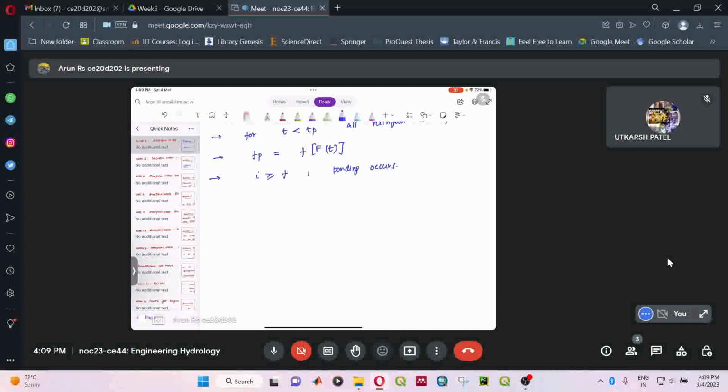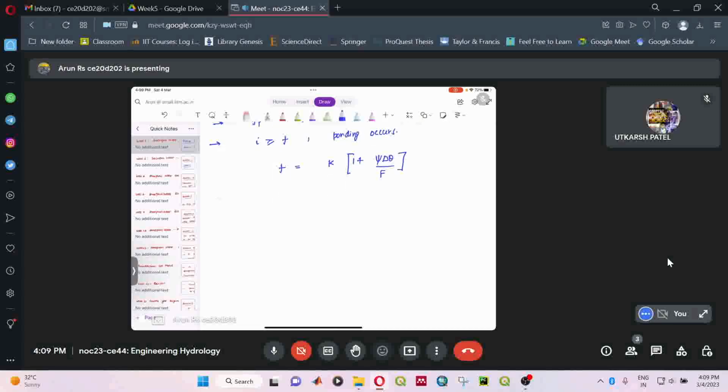We know the Green-Ampt infiltration equation. Here, the infiltration rate is equal to the hydraulic conductivity times 1 plus psi delta theta divided by F. This is the Green-Ampt infiltration rate equation.